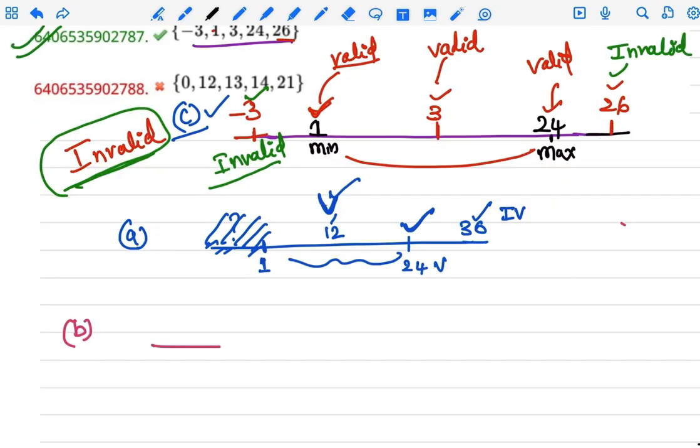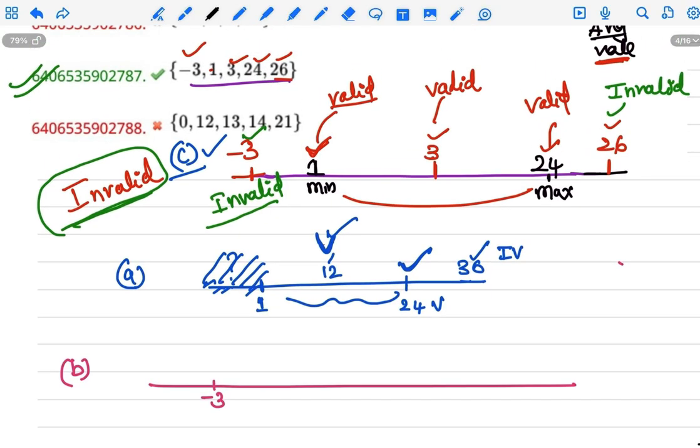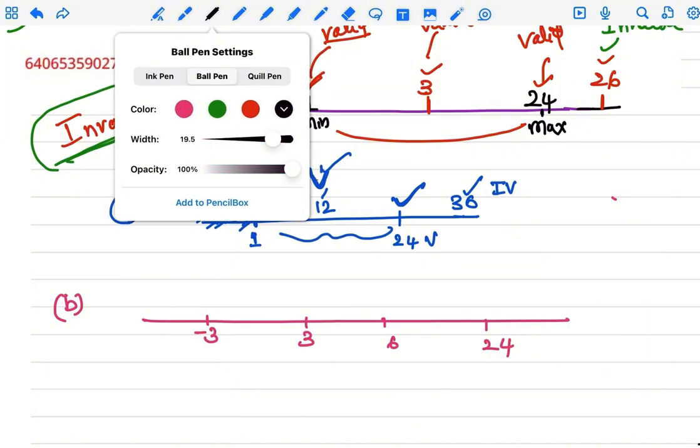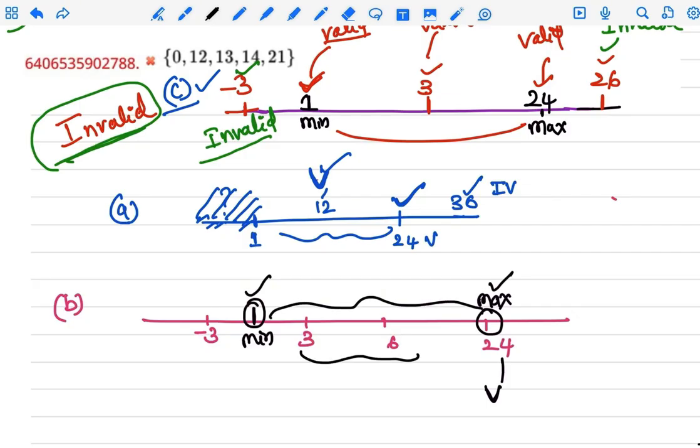Option B: minus 3, 3, 6, 24. Given the minimum is 1 and the maximum is 24. 24 is valid, we consider the maximum value. 6 and 3 are both between these values, so they are also allowed and valid.